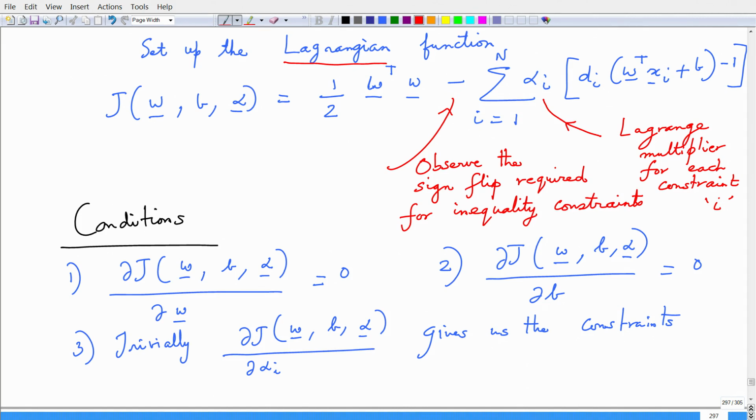So, J is a function of the weight vector W, the bias b, and a vector alpha which comprises all the Lagrange multipliers, one for each constraint.